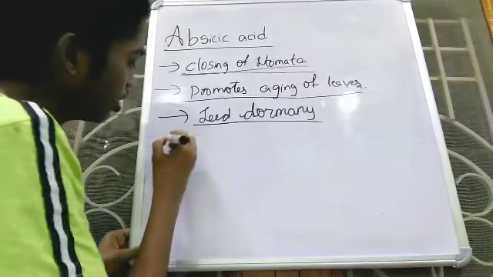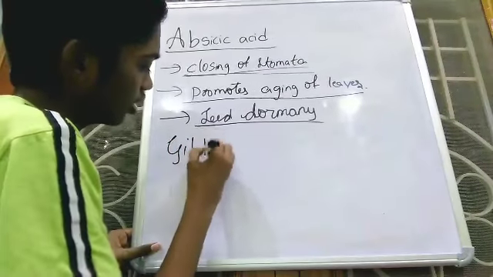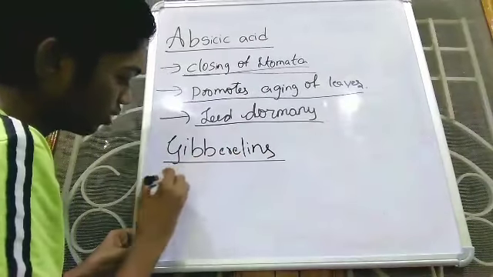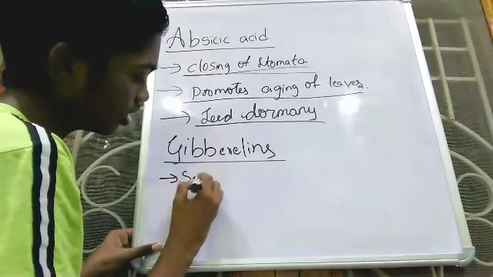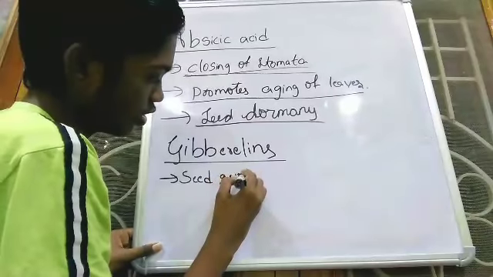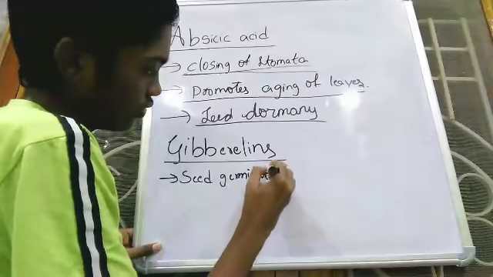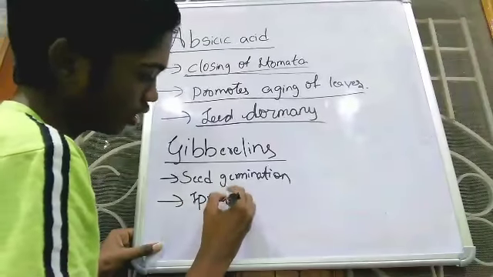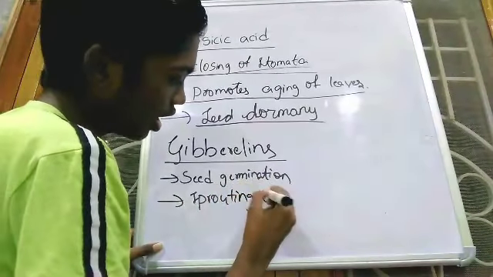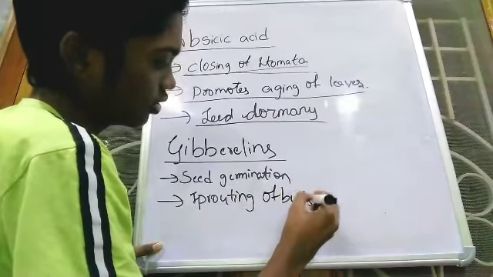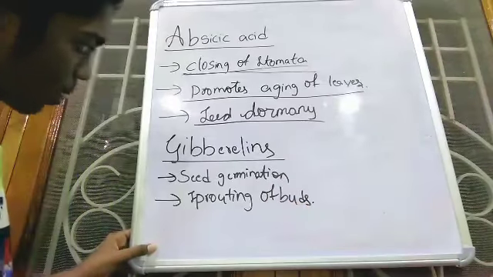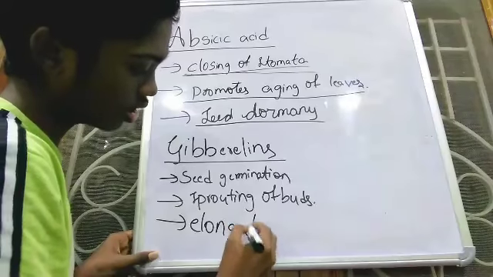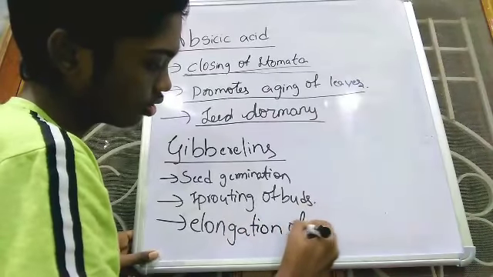Now the next hormone is gibberellins. Gibberellins helps in seed germination and sprouting of buds, and it helps in the elongation of stems.